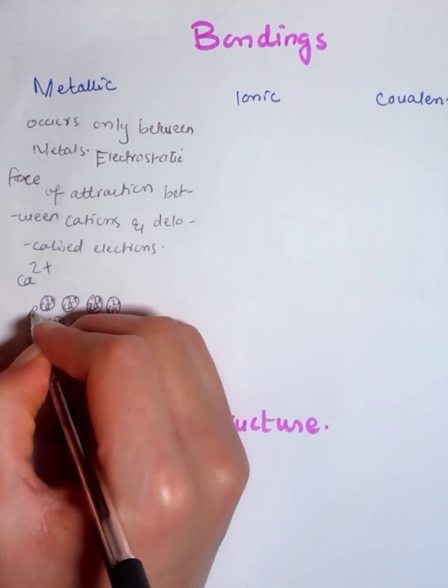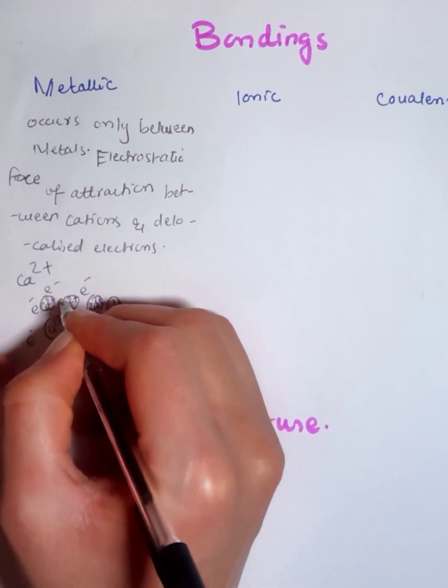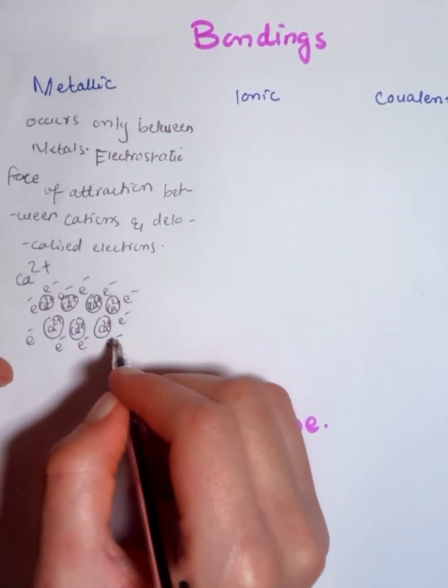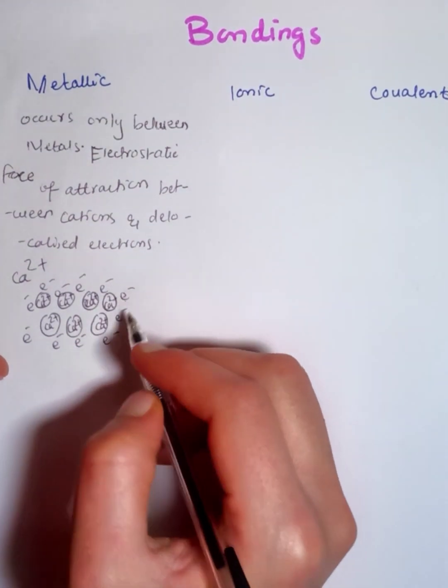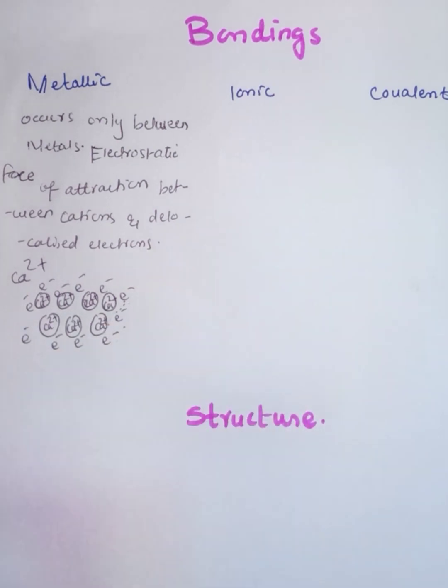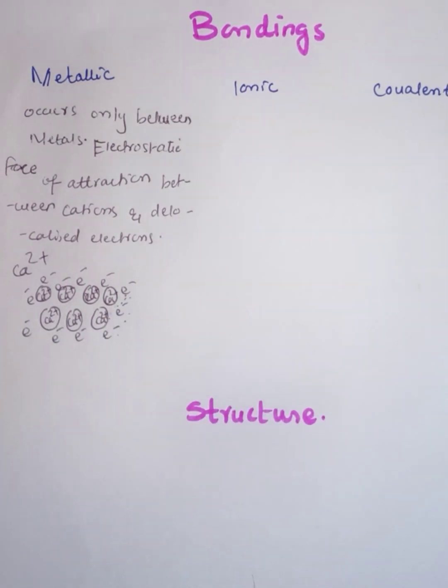For each calcium atom we have 2 electrons. These are the cations for the calcium atoms, and we have the delocalized electrons. So there is a very strong metallic bonding between these delocalized electrons and the calcium cations.